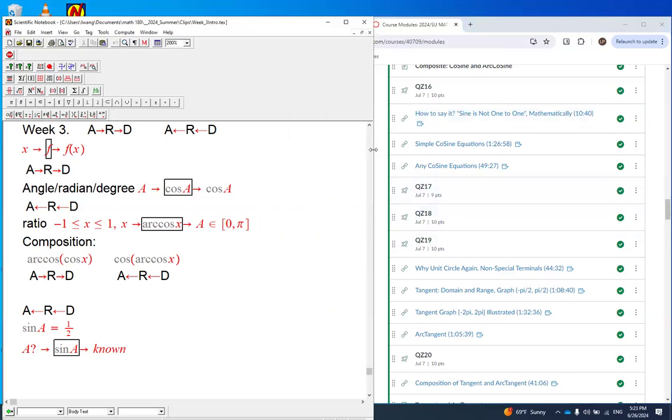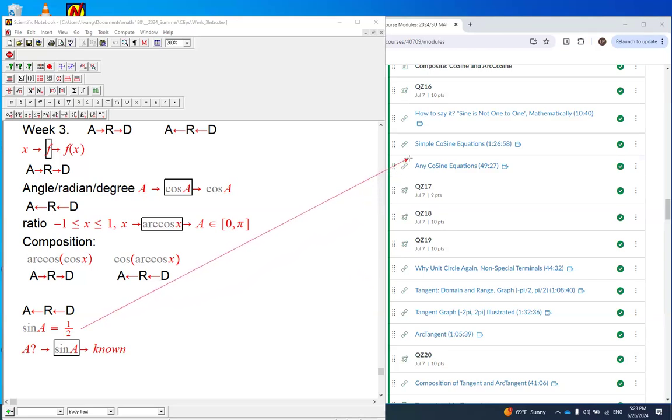Then we get to the cosine equation, and any cosine equation is D to A. So the question will change to something similar. These two sections are about the cosine equation. Of course, it's D to A, but it's going to be cosine A equals a half.